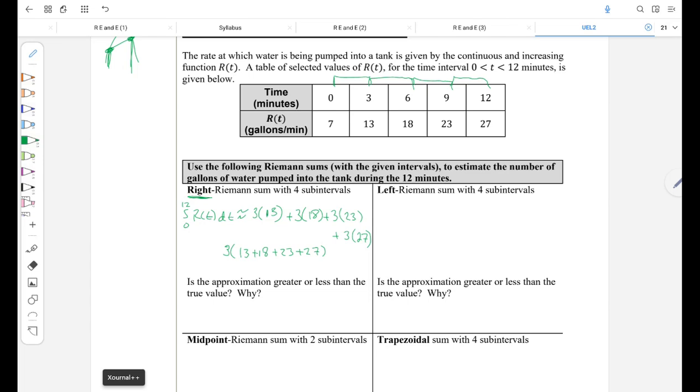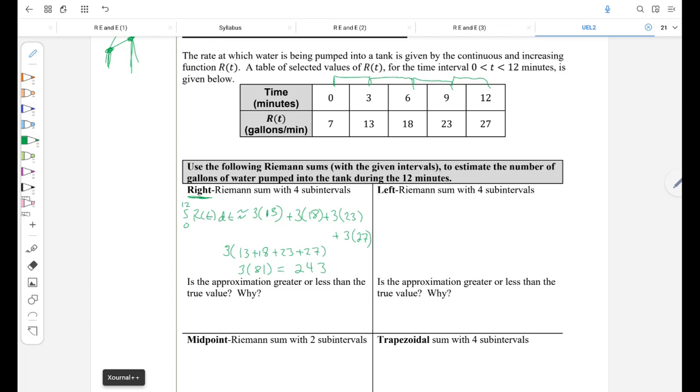And then I would add the next 2, 68, 78, 81. 3 times 81 is 243. If those intervals are different, you kind of have to do the multiplications first. But since those intervals were the same, I was good to go.